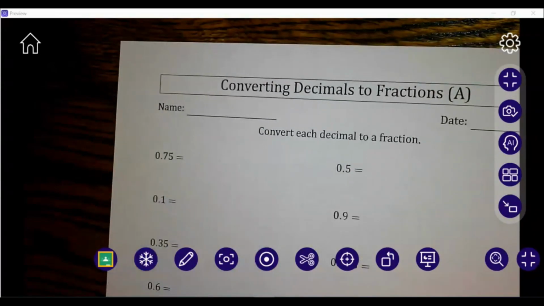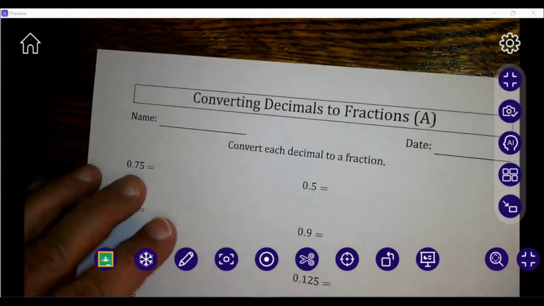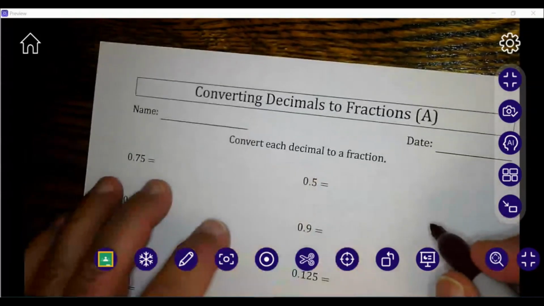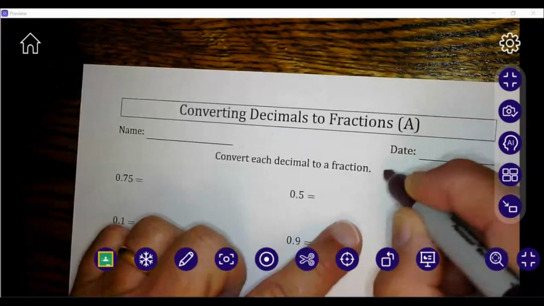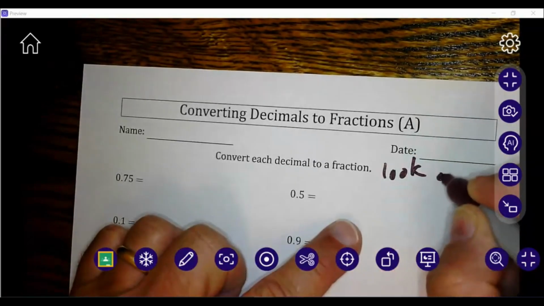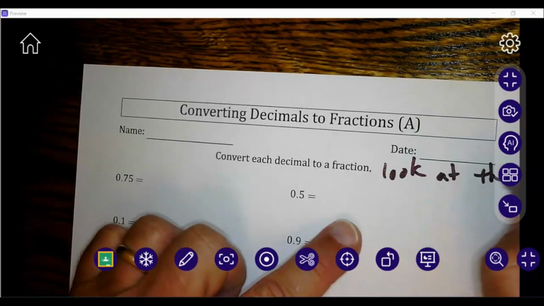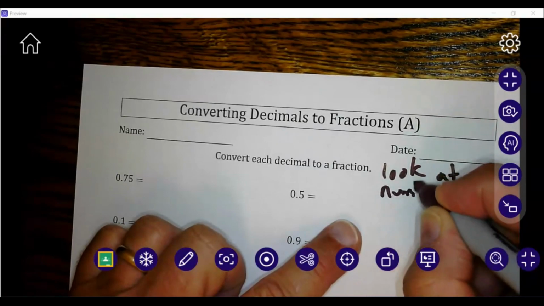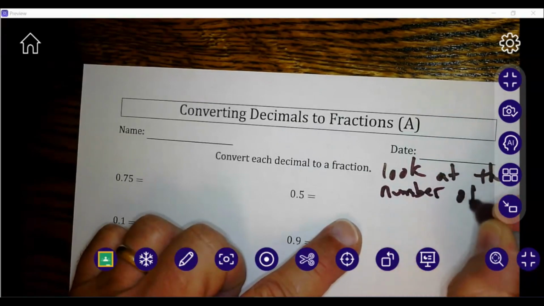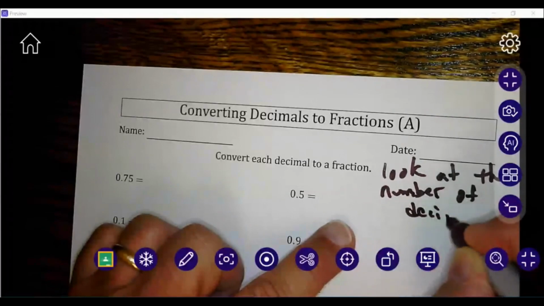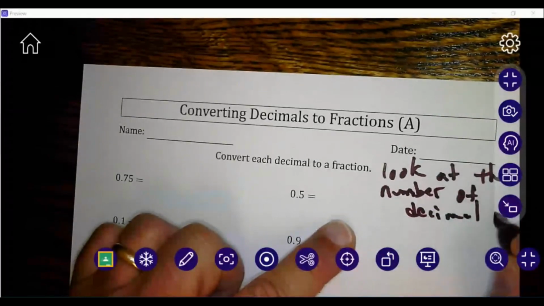Okay. The thing you have to remember with changing decimals into fractions is you have to look at the number of decimal places.